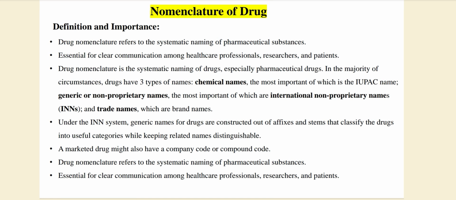Under the INN system, INN means the international non-proprietary name. Under the INN system, generic names for drugs are constructed out of prefixes and stems that classify the drugs into useful categories while keeping related names distinguished.